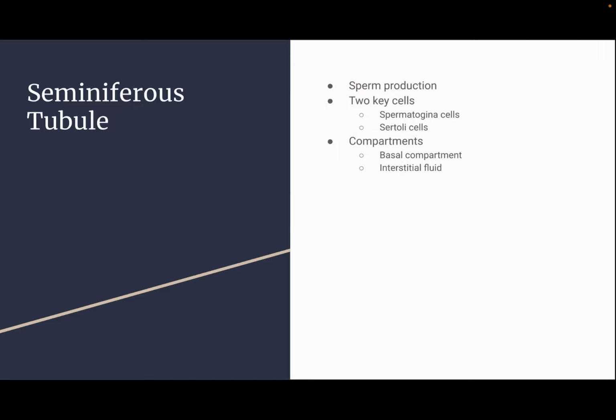They don't allow large molecules inside, so it is a way to ensure that the right things are going in. And for the spermatogenic cells, there are various stages, and they are supported by the Sertoli cells.